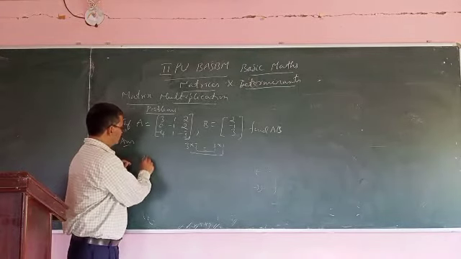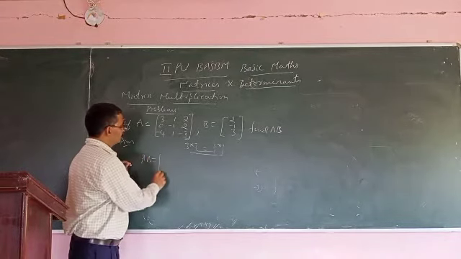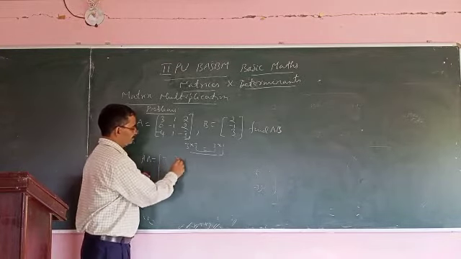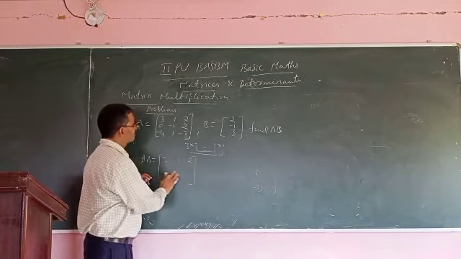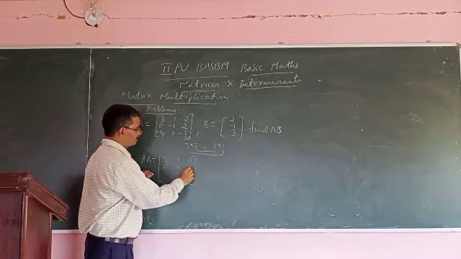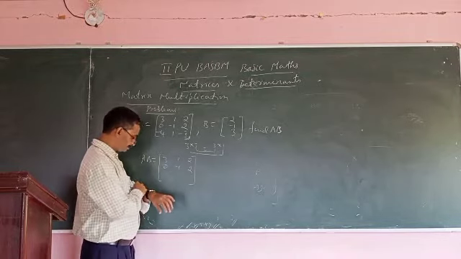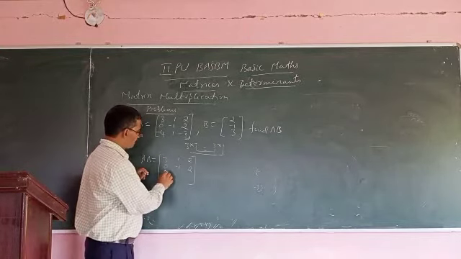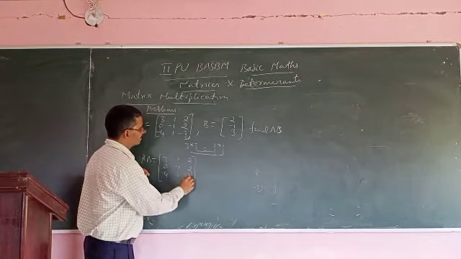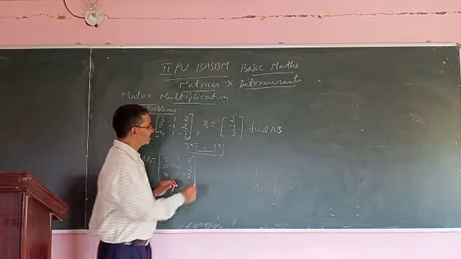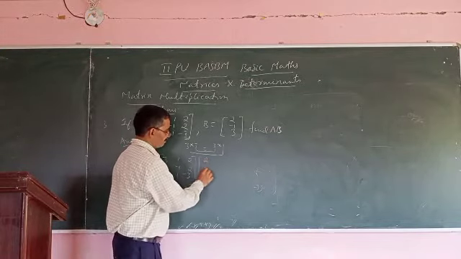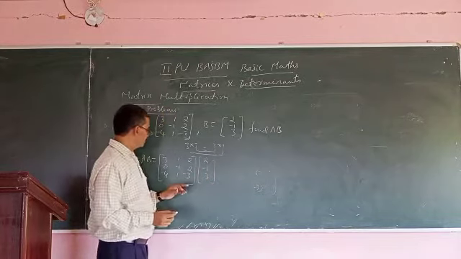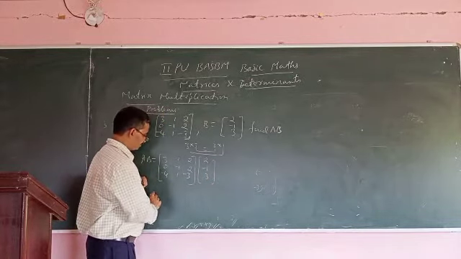So AB equal to, let me do it, [3, 1, 2; 0, -1, 2; -4, 1, -3] into [2, -1, 3]. We'll see how it works out.